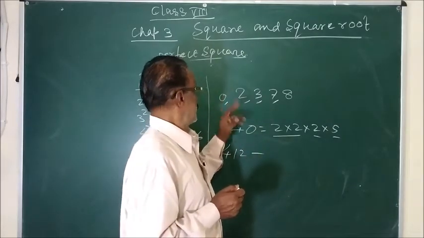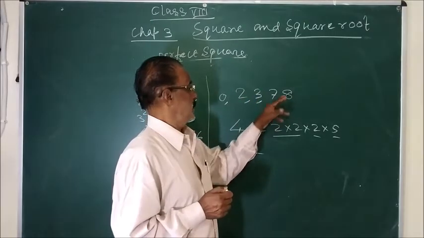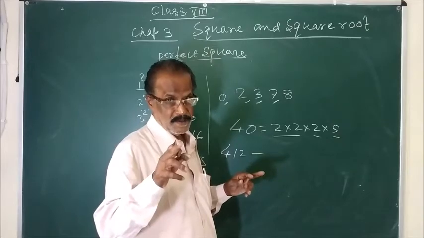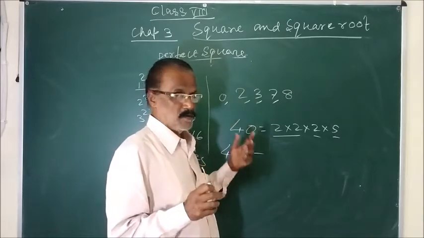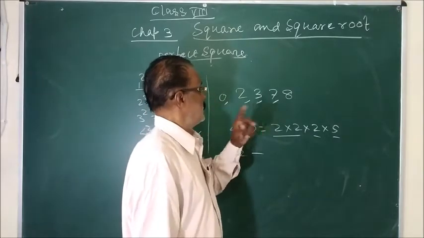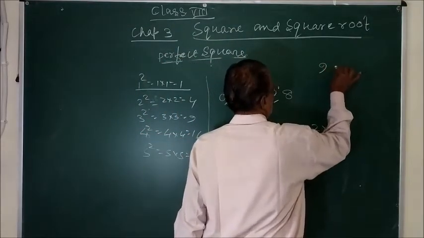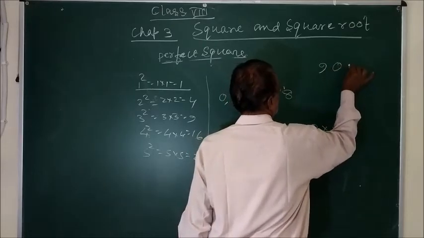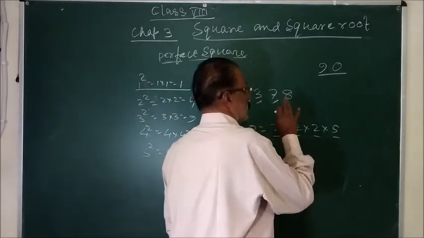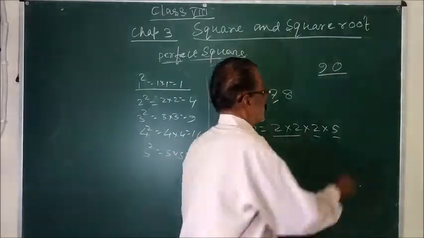If the number ends with the digit 2 or 3 or 7 or 8, or 0 in an odd number, like 10 or 30 or 50, it cannot be a perfect square. Example, suppose this 90. Although 9 is a perfect square, here the number of 0s is odd.